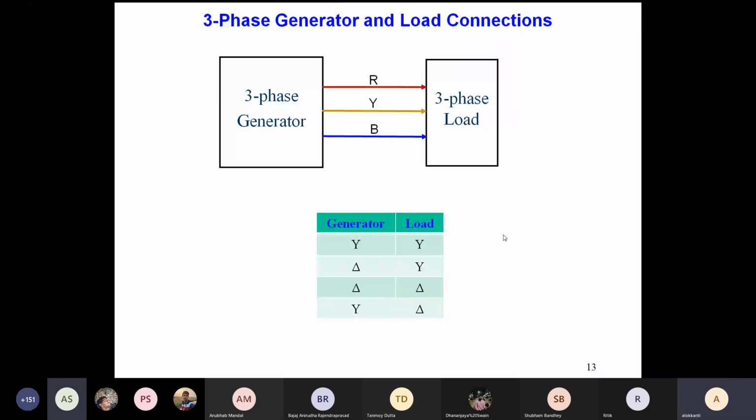Sir, in delta connection, what is the structure of the generator? How can the different phases be obtained? The different phases will be individually like Vm angle theta, Vm angle minus 120 degree, and then you have to generate the phasors.